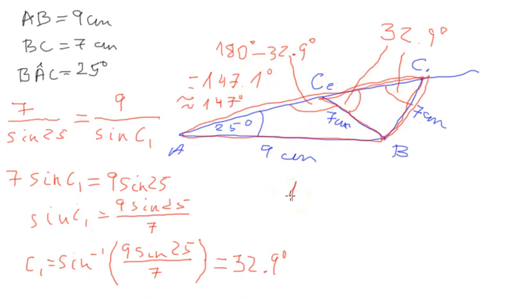I will take 147 degrees plus 25 degrees, which adds up to 172 degrees. 172 degrees is less than 180 degrees, so it makes sense we can have a triangle that has these two angles in it, and then the third angle that I would get here would be 8 degrees. So this was an example for the ambiguous case of the sine rule.